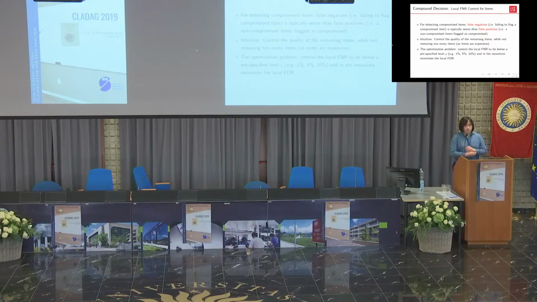The procedure for detecting the compromised items is quite similar to the detection of cheaters. The only slight difference is that in this case we care more about the false negatives than false positives, because we can try to flag as many compromised items as possible.